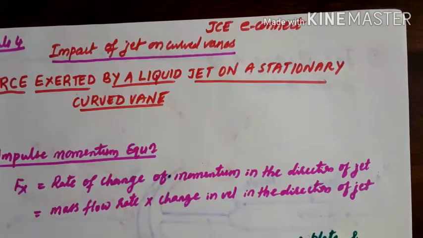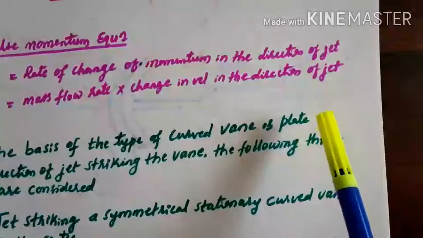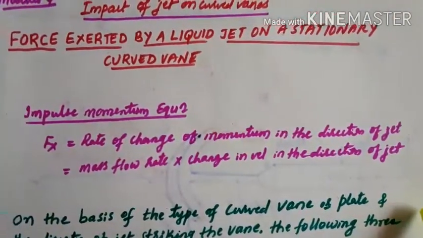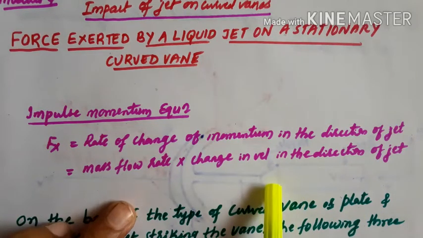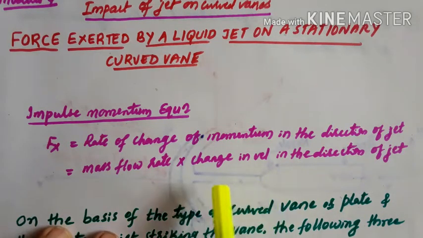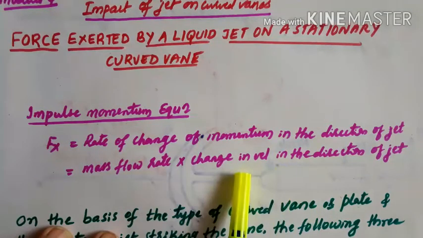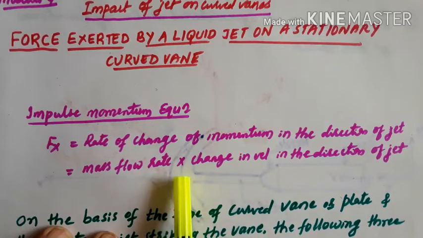So in this, as we know, we have to use the impulse momentum principle, since the force is acting in a very short interval of time on the vane, and that force we need to calculate using the impulse momentum equation.